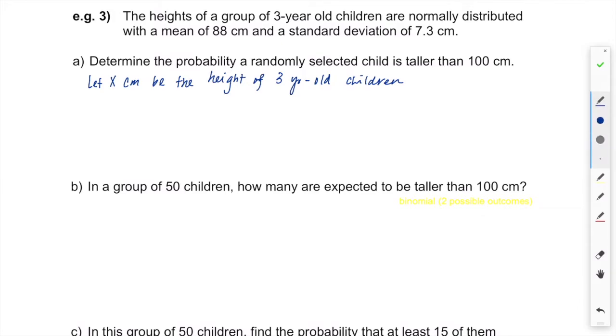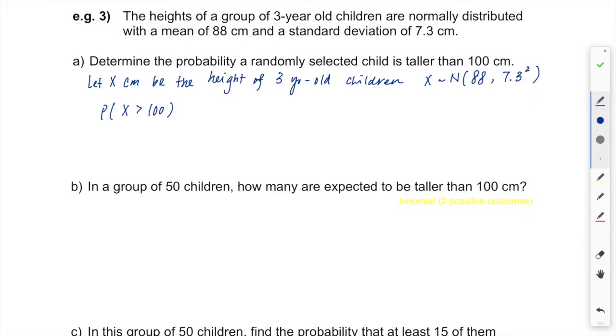And so here we have x belongs to a normal distribution with a mean of 88 and a standard deviation of 7.3, but I have to square that as the variance. So here we're looking for p of x that is greater than 100.